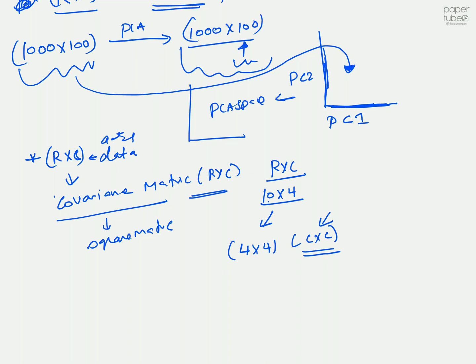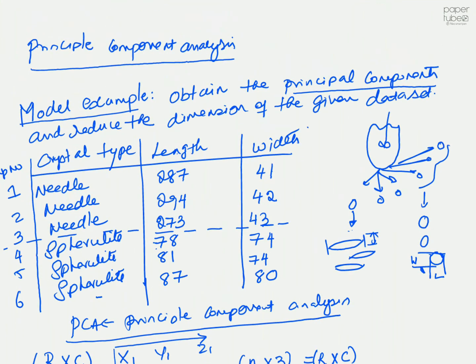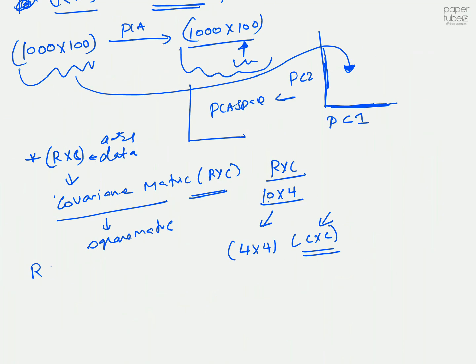So in this case, if you go to our example back here, you have 6 samples, so that makes 6 multiplied by 2, because you have only 2 columns. So that's the dimension of our data set. So our actual dimension of our data set is 6 multiplied by 2.